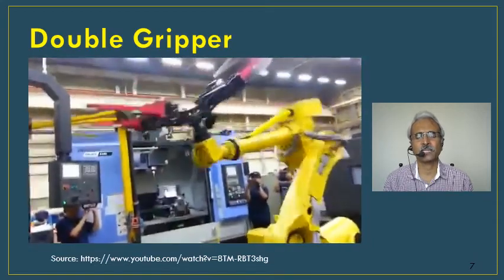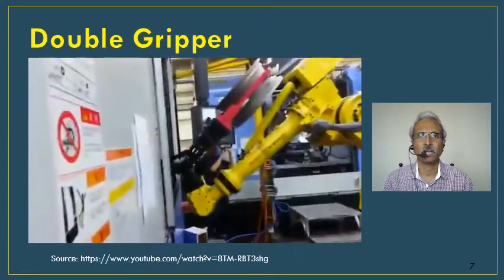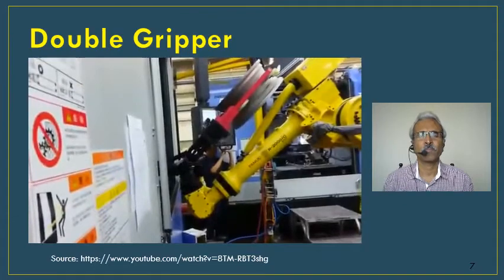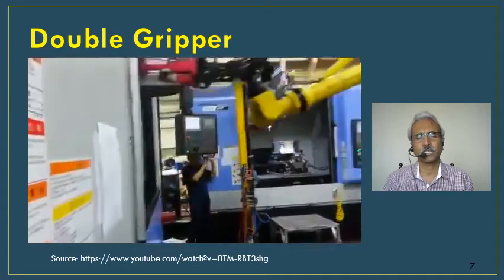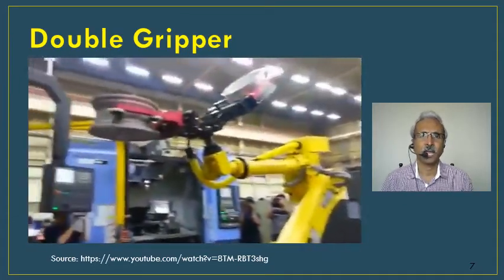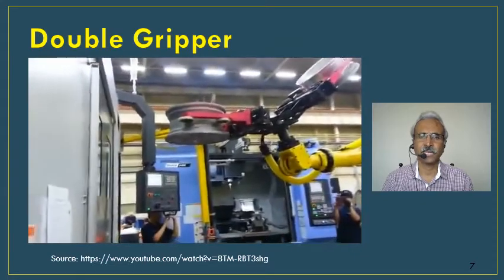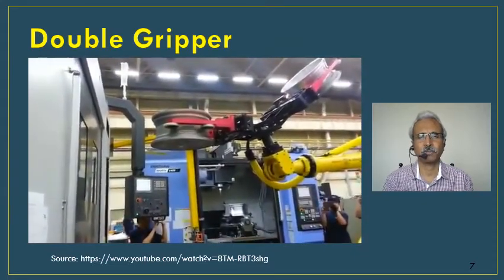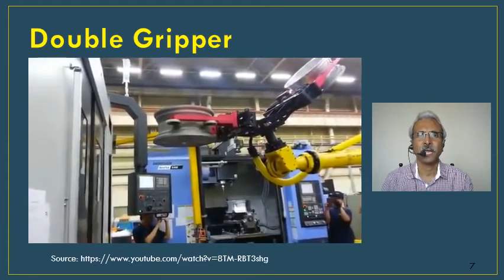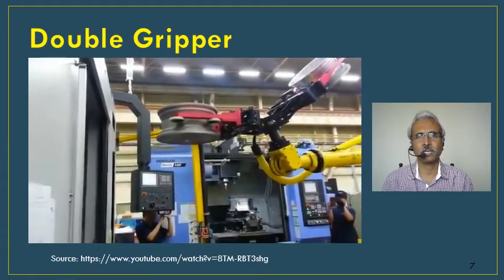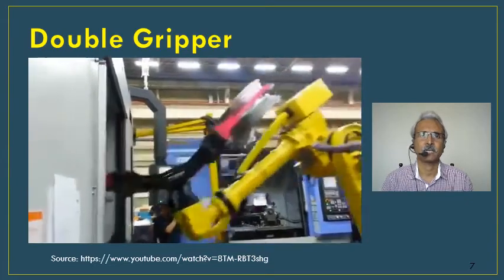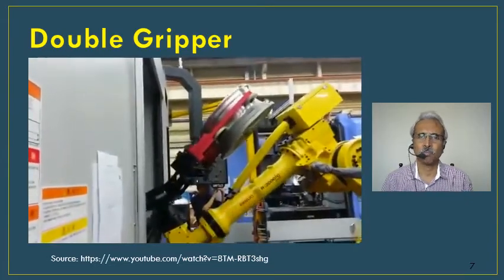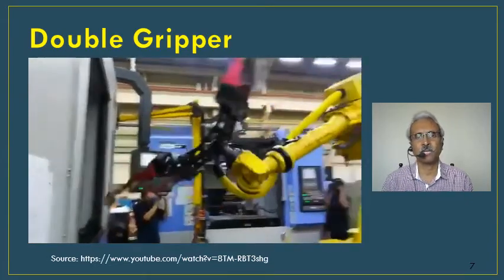One gripper is taking a raw material, it is going towards the machine, and once it reaches the machine, the door opens, and it takes out the finished component, and then after waiting for a couple of minutes, when the door again opens, you can see that it inserts or loads raw material and again goes back for the next cycle.